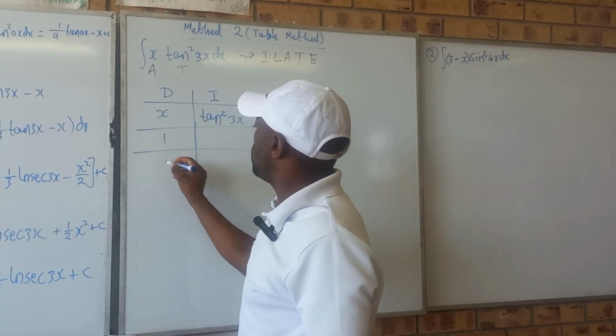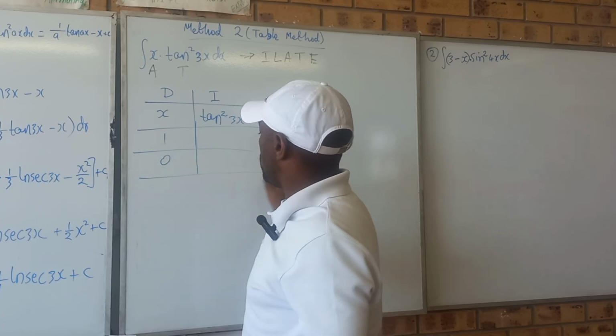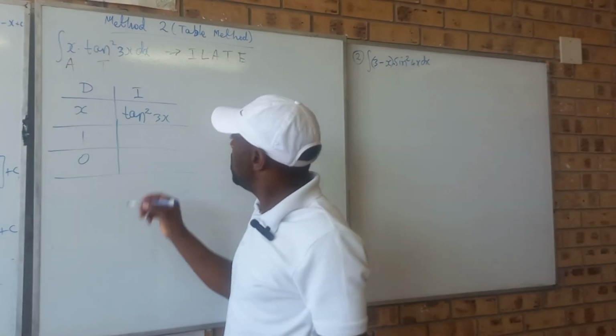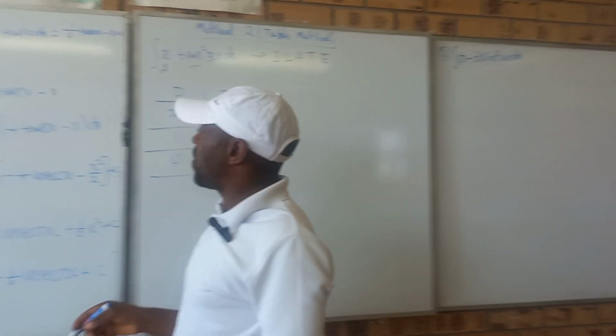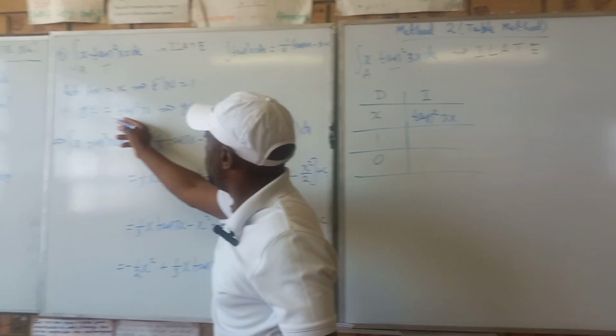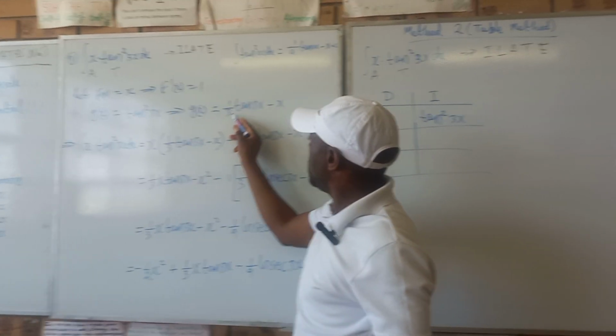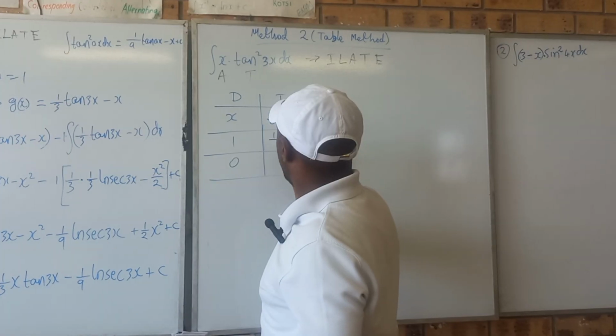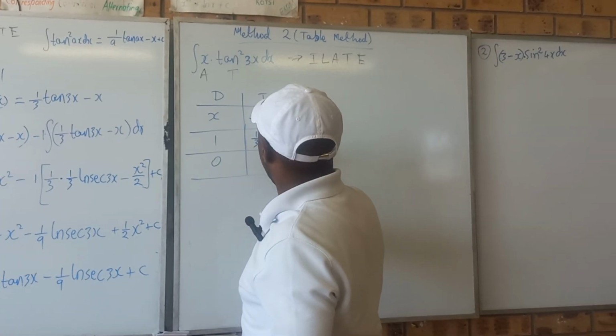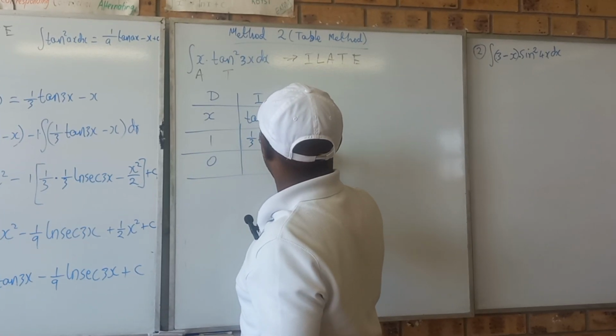Then when I differentiate 1, I get 0. So it means here we only have 2 steps. Then when you integrate tan square 3x, as we've already seen on page number 3, it gives you 1/3 tan 3x minus x.